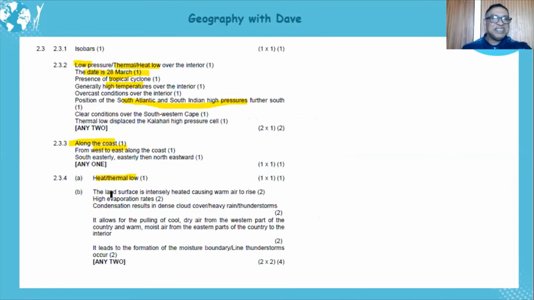So look at the answer. Land surface is intensely heated. That's what's associated, causing warm air to rise. High evaporation rates. All right? Can you see it? Okay? Condensation results in dense cloud cover.